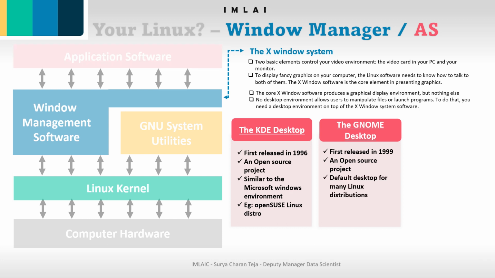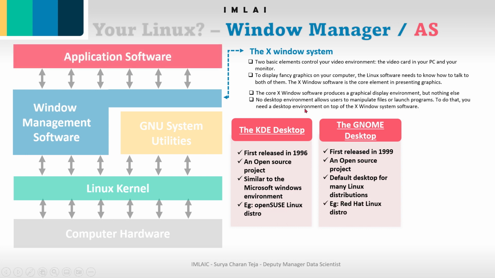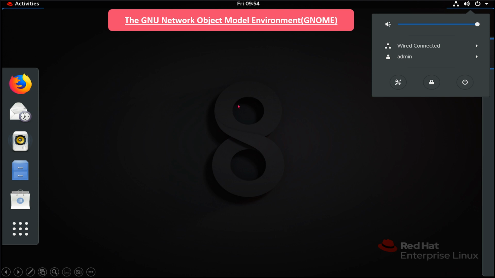However, the most popular is Red Hat Linux. So let's look into the GNOME desktop too. This is how it looks. Although GNOME chose to depart slightly from the standard Microsoft Windows look and feel, it incorporates many features that Windows users are comfortable with.